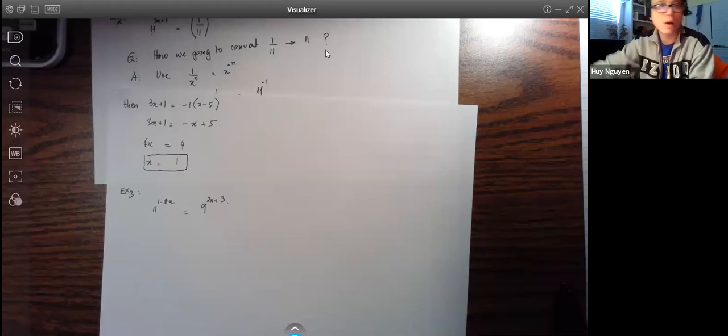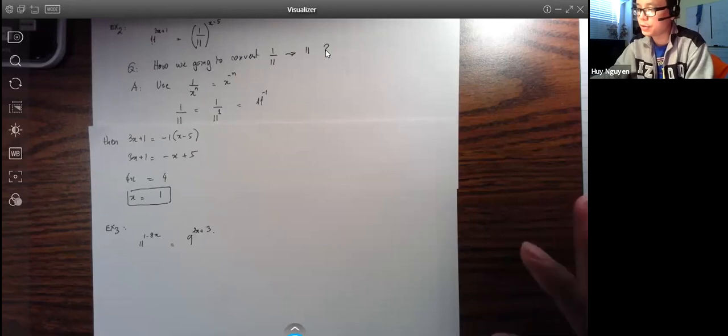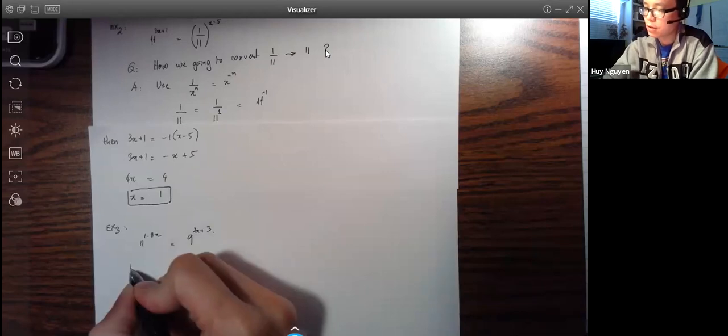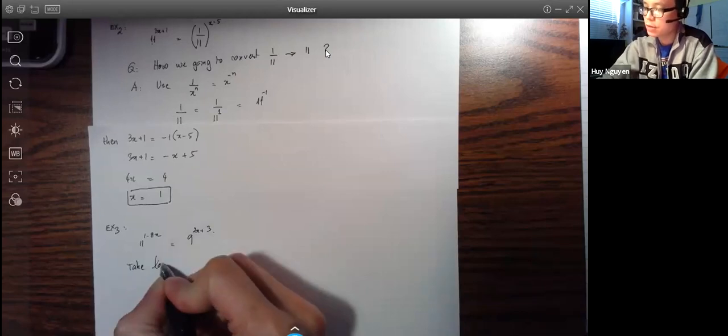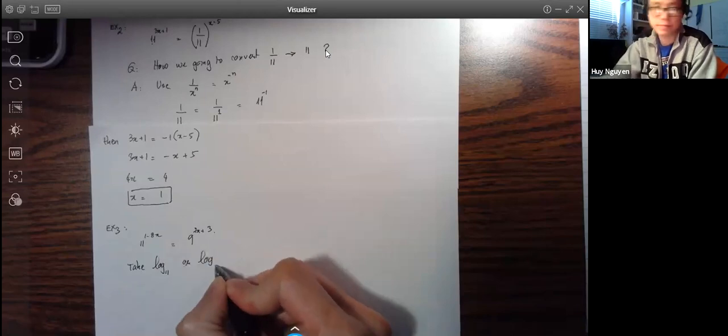You're going to take log of both sides. You can take log base 11 or log base 9.